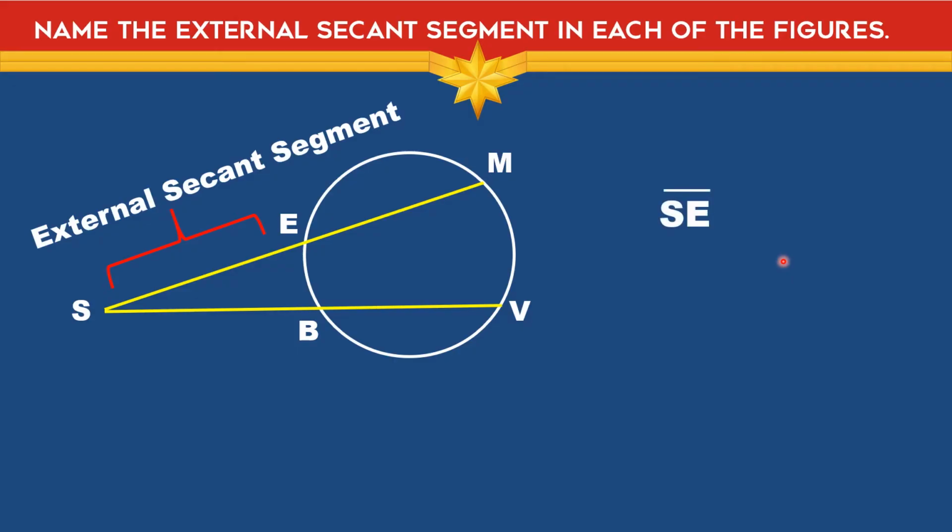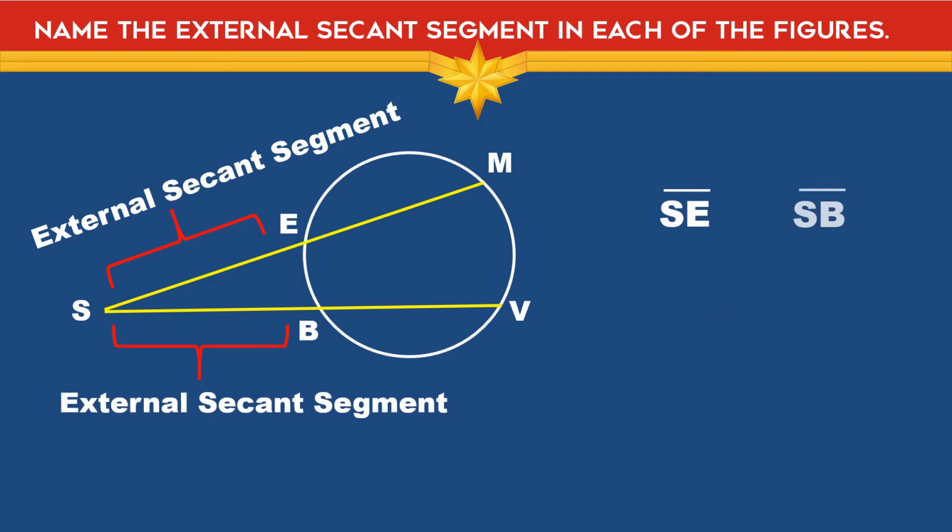Right. It is segment SE. That is the part outside. How about if we are referring to segment SB? Which part is outside, which we call the external secant segment? It is correct. It is segment SB.